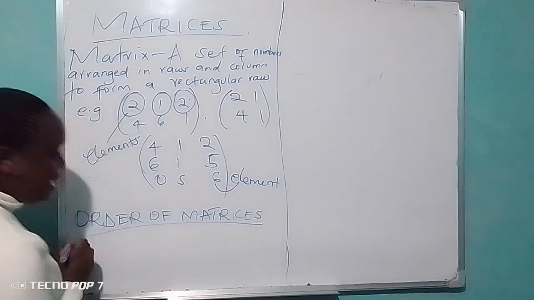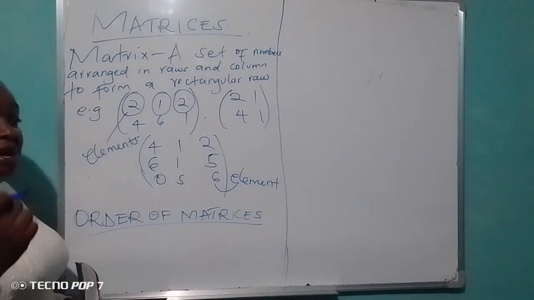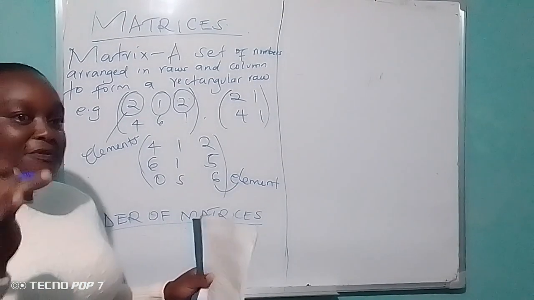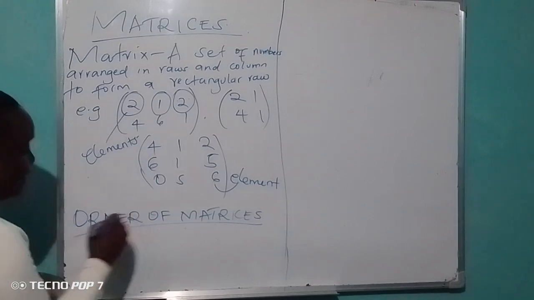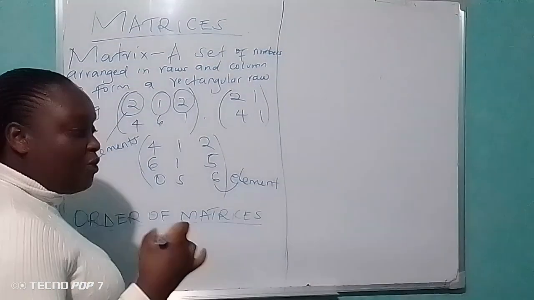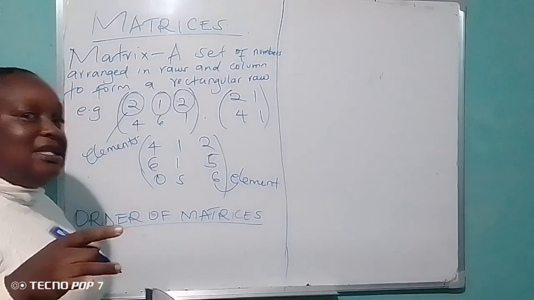This is just like giving a matrix a name, okay? So we give a matrix a name using the number of rows and the number of columns that it has. So we're giving matrices names according to the number of rows and the number of columns that they have.